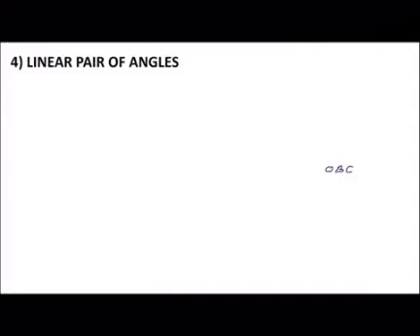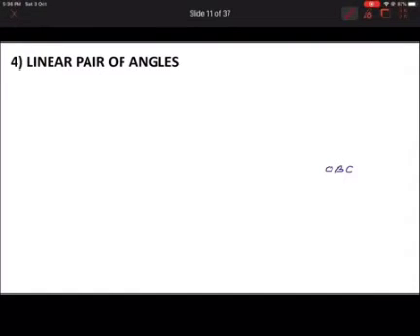Linear pair of angles. Now the fourth pair of angles is linear pair of angles. Now you all remember what supplementary angles are, children? The angles whose sum adds up to 180 degrees are supplementary pair. Now what is a linear pair? All of you know linear means straight line.